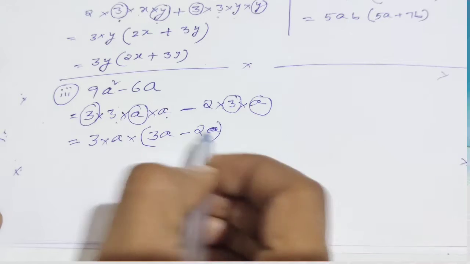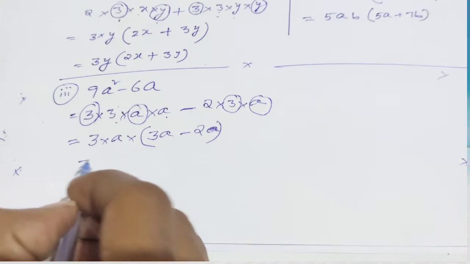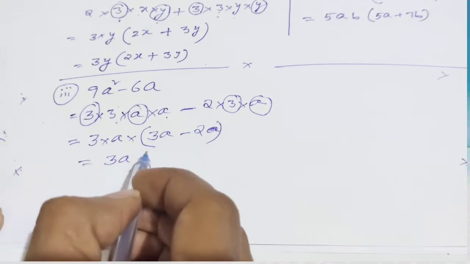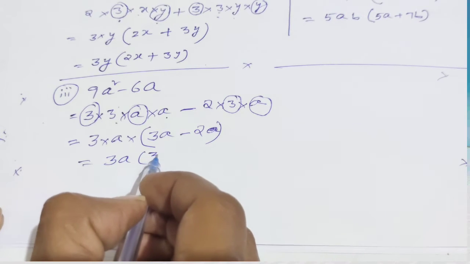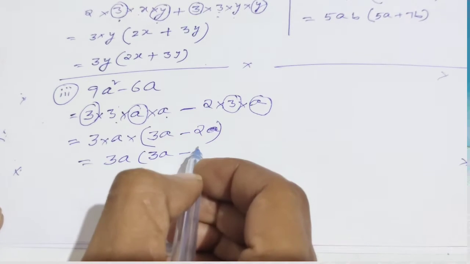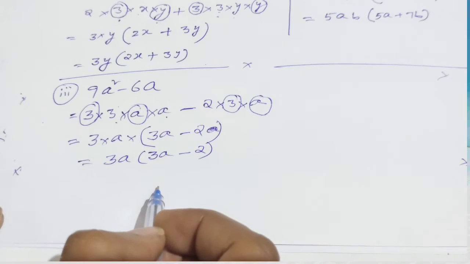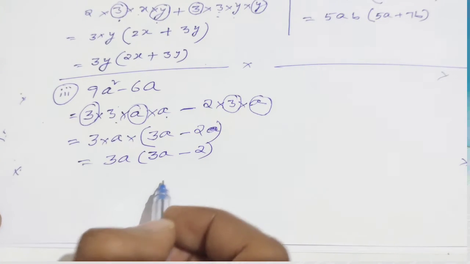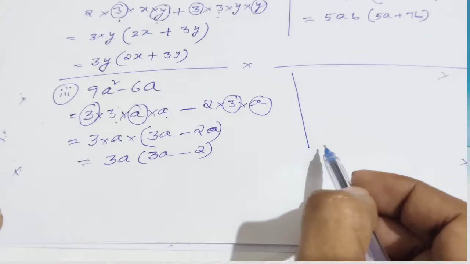Now simplification, we can write 3a into (3a minus 2).